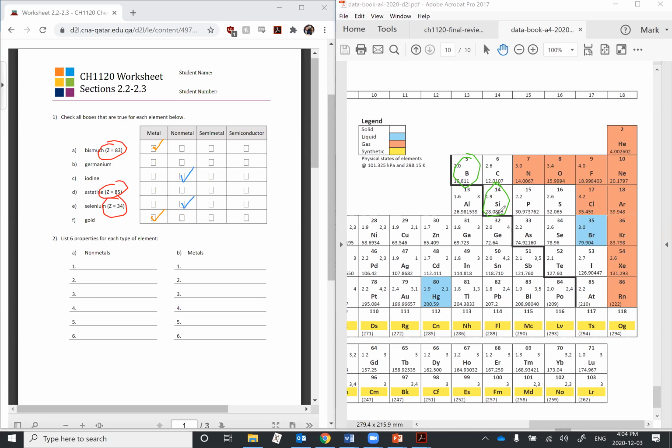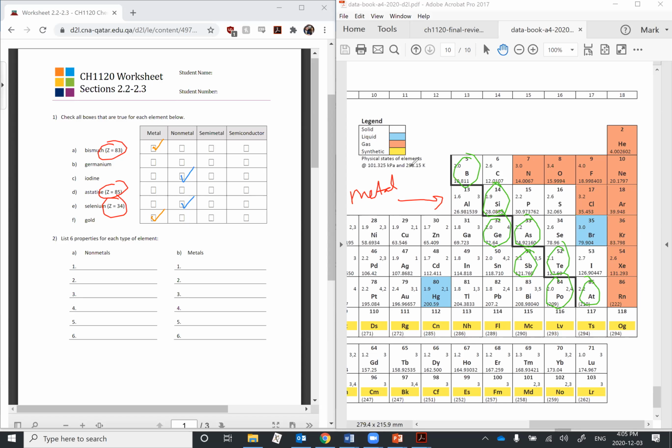So boron, silicon, germanium, tin, tellurium, astatine, polonium. These are semi-metals. The only exception to this list is aluminum. Aluminum is a metal, right? That's the only element here that touches the staircase that is not a semi-metal. Aluminum is a metal. Okay, that's the only exception.